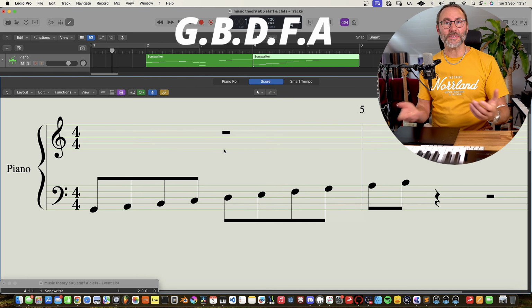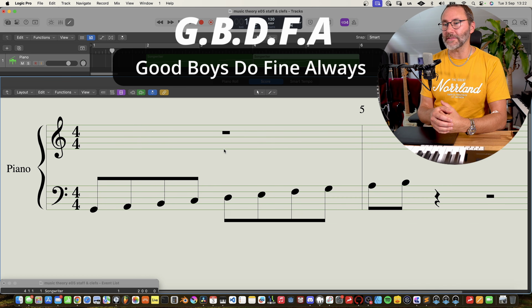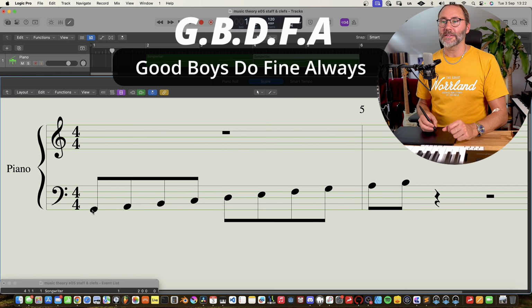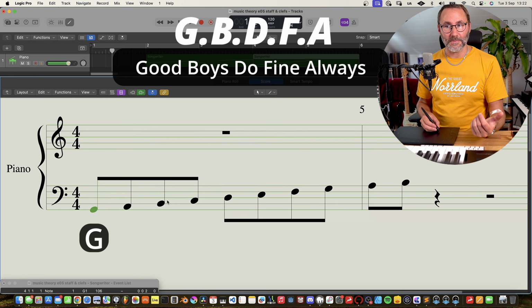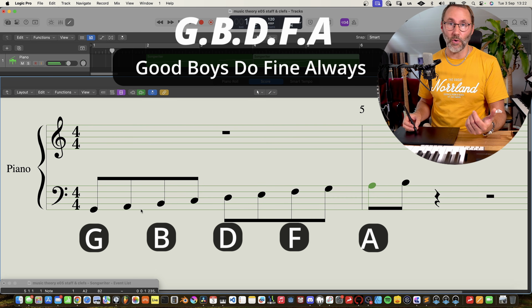downwards. And of course, like we did with the G clef, where we have a phrase to remember the note values, we can also have a little phrase here for the F clef, and that is good boys do fine always. So we have the G, good, B, boys, the D, do, the F, fine, and then we have the A, always.